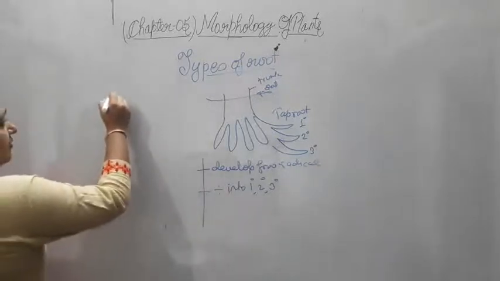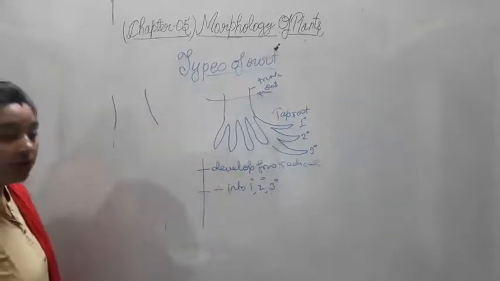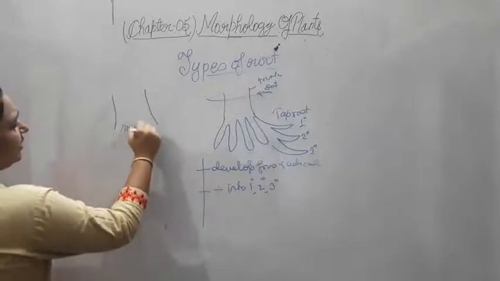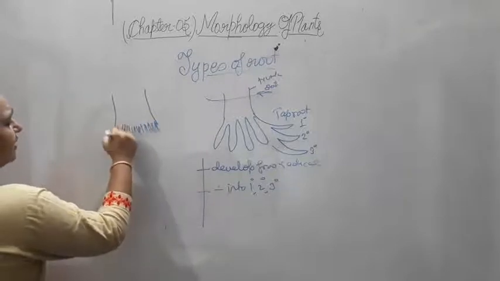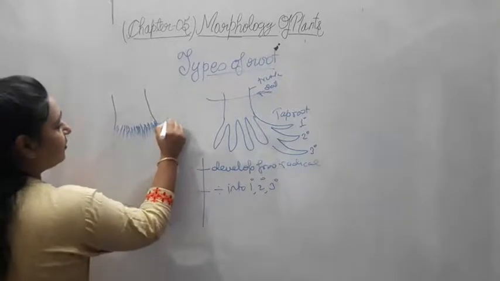You might have seen some roots which develop from here, radicle only, but they don't divide into primary, secondary. They just develop into thread-like structures, and these thread-like structures are called the fibrous root.